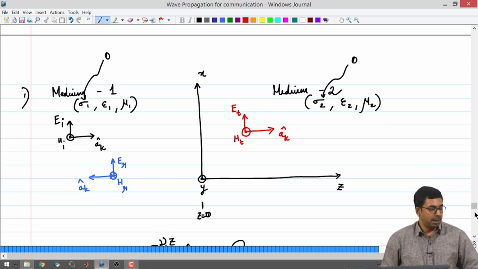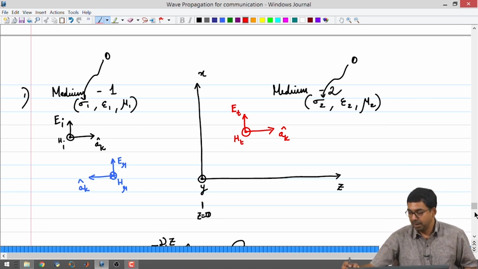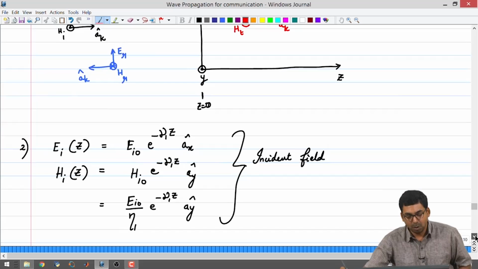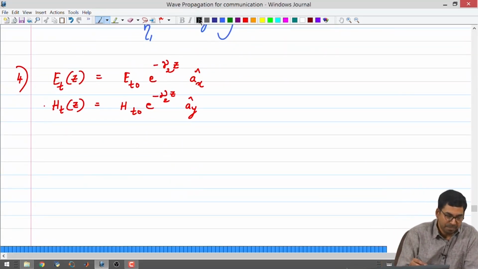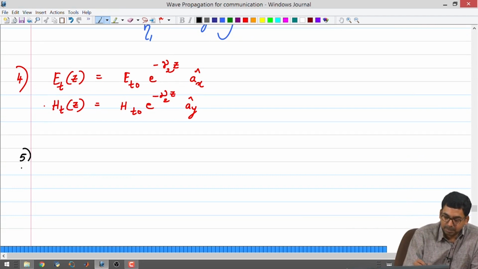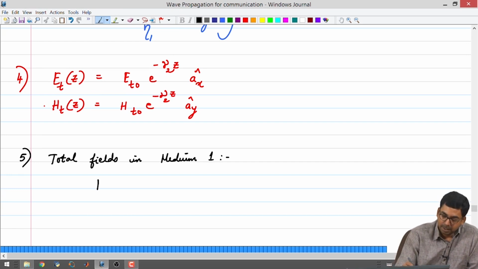But since not everything needs to be reflected, we can write down the total fields. When we talk about the term total field in medium 1, you can write this down as E1 is going to be Ei plus Er.